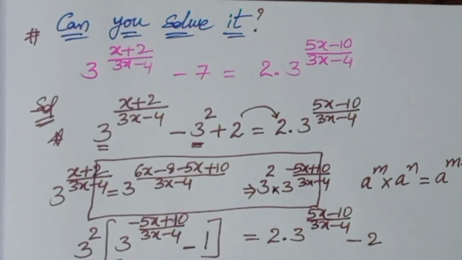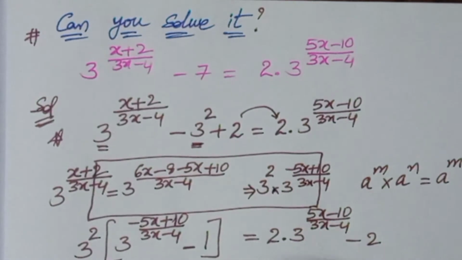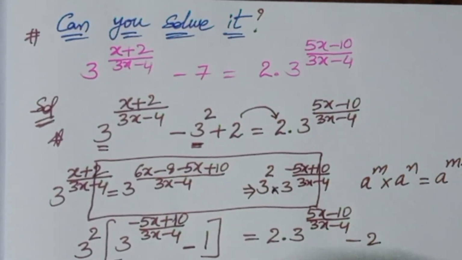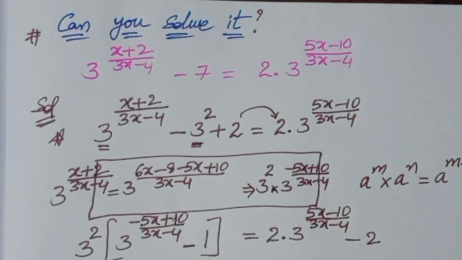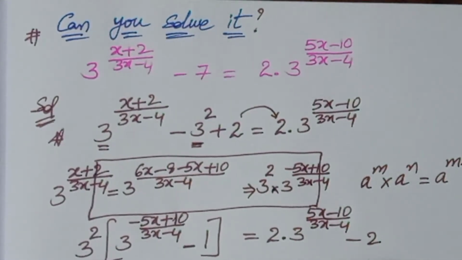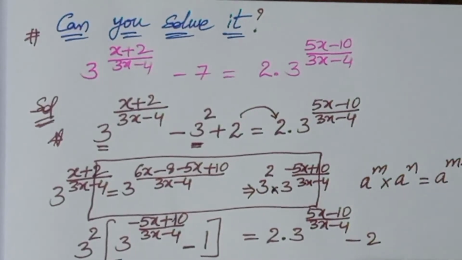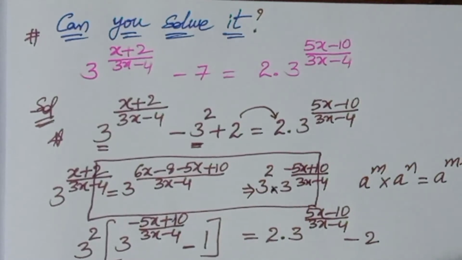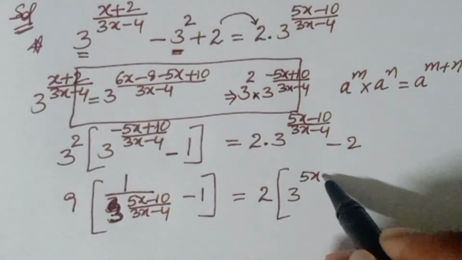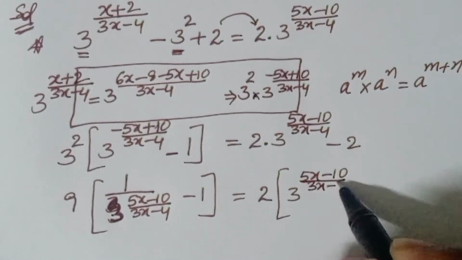So here I am writing 9 into, taking minus common, 1 by 3 to the power of (5x minus 10) by (3x minus 4), minus 1, into, here taking 2 common, 3 to the power of (5x minus 10) by (3x minus 4) minus 1.